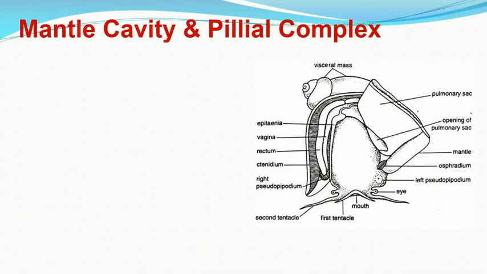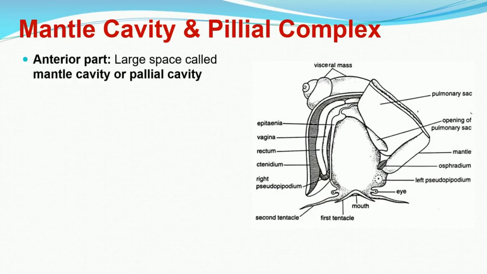Okay, now we will come to the next part of the body, called the mantle cavity, and we will study what is meant by the pallial complex. The anterior part of the body is covered by this mantle, which forms a large space called the mantle cavity or pallial cavity.